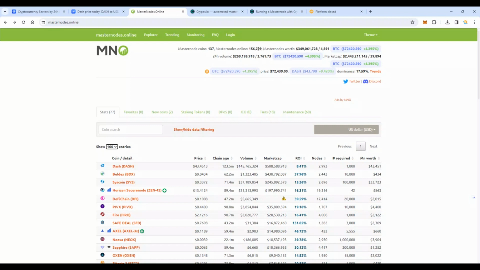And you can see they are worth, now this is the accumulated amount, around $349 million, which is equivalent to 4,891 bitcoins at the current price of $72,420 per bitcoin. And you can see the 24-hour volume for the masternodes is roughly about $259 million.